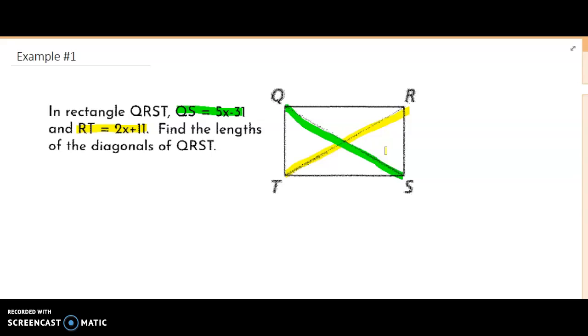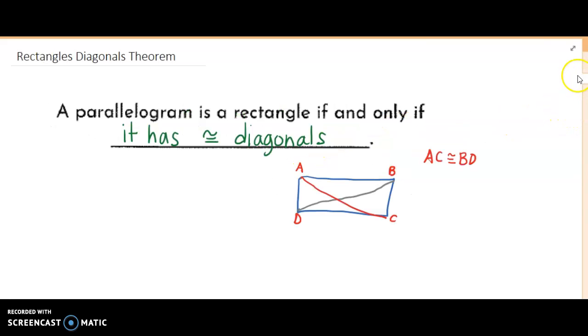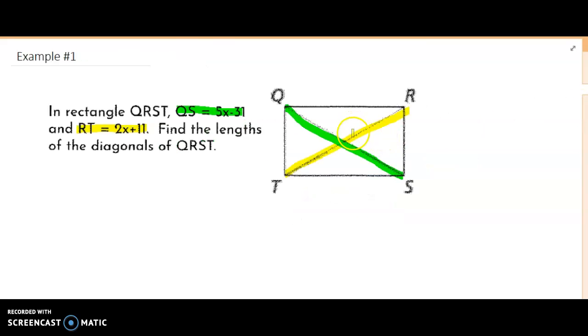Well, like we just said in this theorem here, the rectangle's diagonals theorem, if this is a rectangle, which it's telling me here it's a rectangle, then the diagonals are congruent. So if the diagonals are congruent, all I would do is set them equal. So 5x minus 31 equals 2x plus 11.